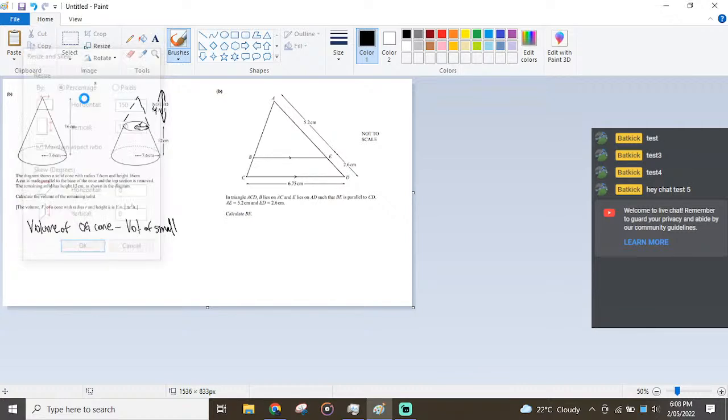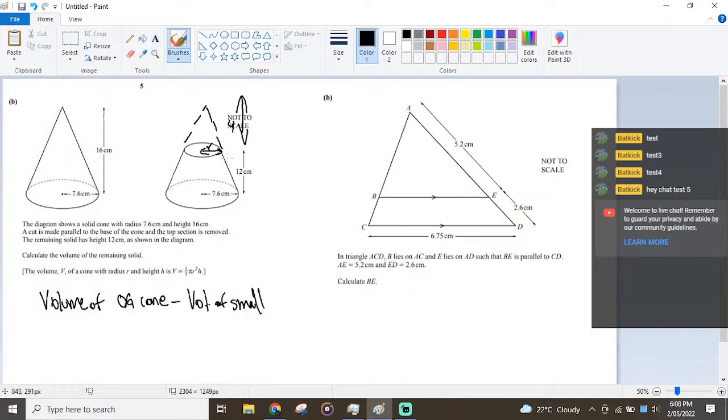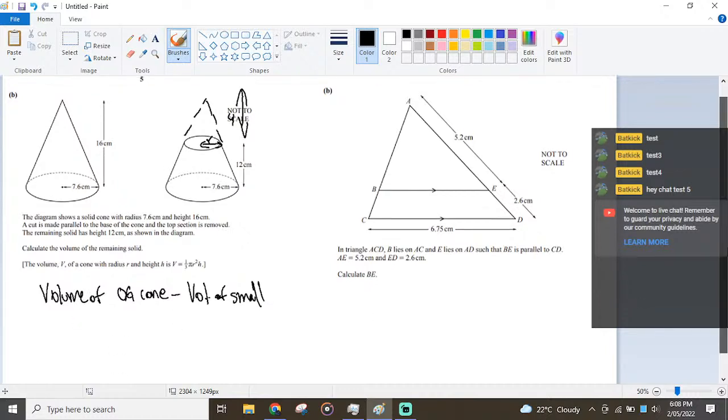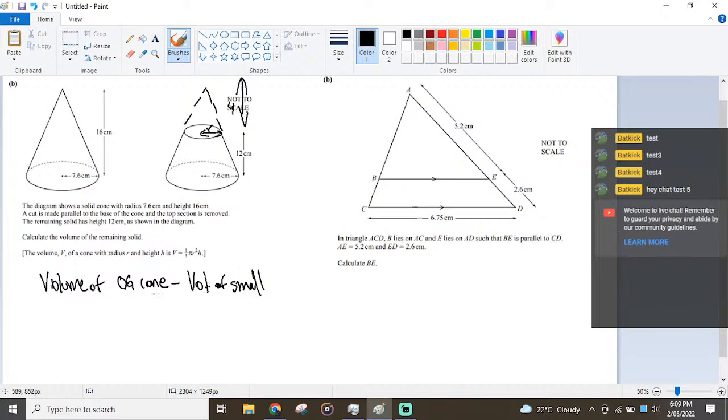Okay. So the small cone, which we cut out of the big cone, is going to be similar to the big cone. Similar means the radius and the height will be in proportion.